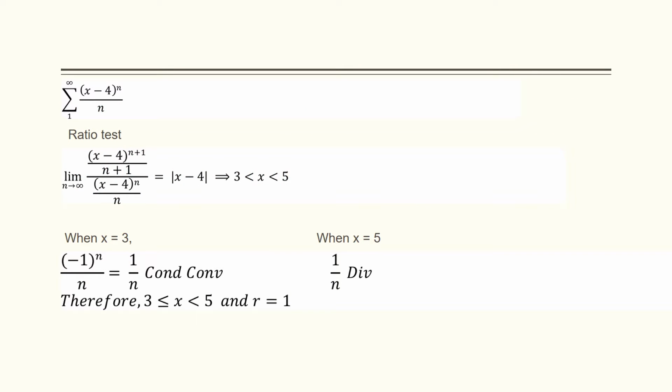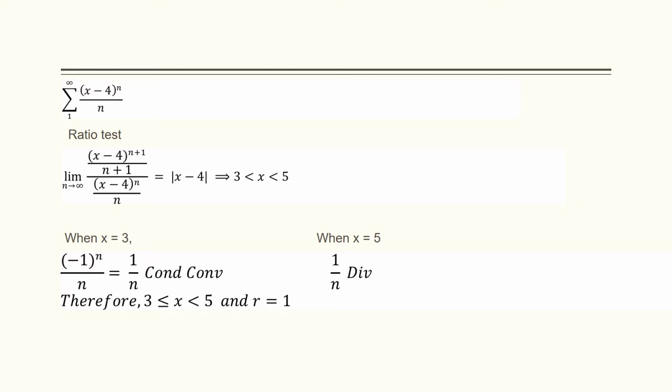For example, to find the radius of the series (x minus 4) to the n over n, first we need to take the ratio test, and it will end up with absolute x minus 4. In order for this power series to converge, absolute x minus 4 needs to be less than 1, and we get x going from 3 to 5.